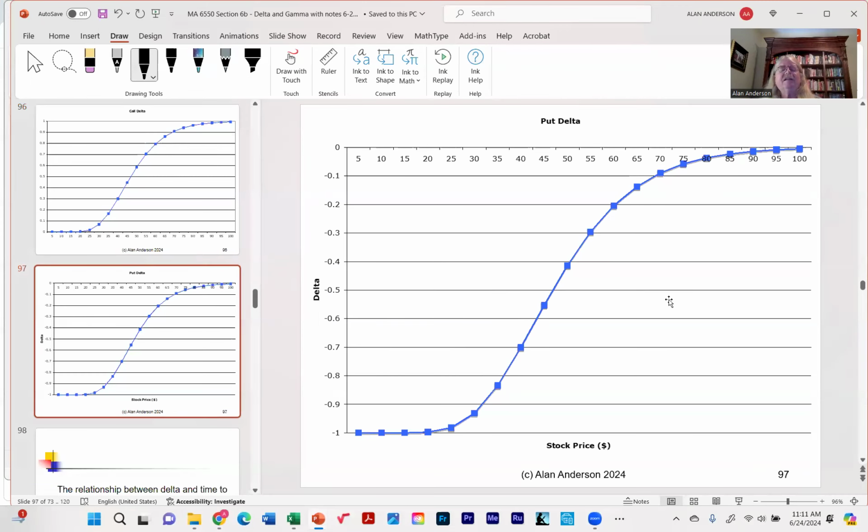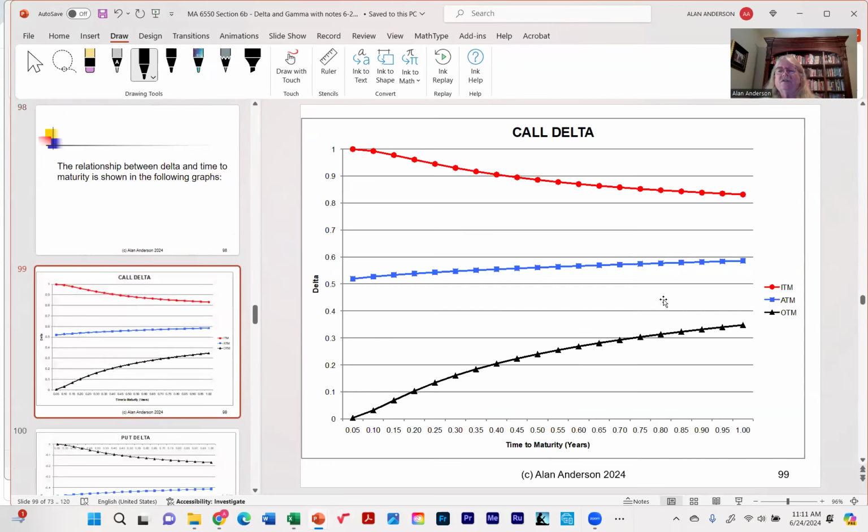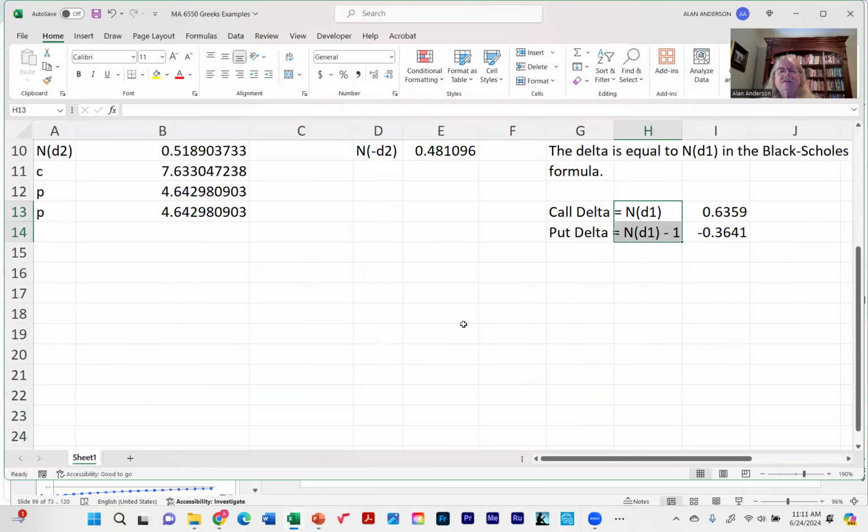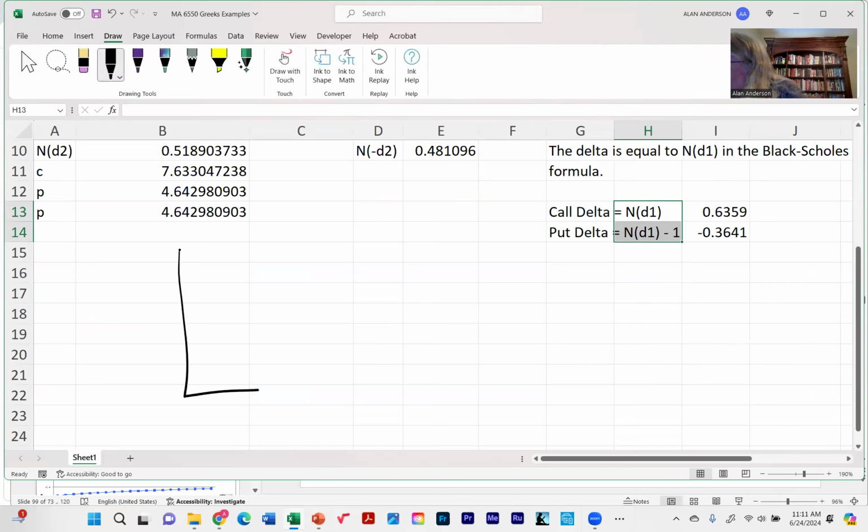These Greeks are actually quite interesting. Also, this is showing you, it turns out, that as time elapses... now remember, let's go back and review this for a second. As time elapses, what happens to this market pricing curve?